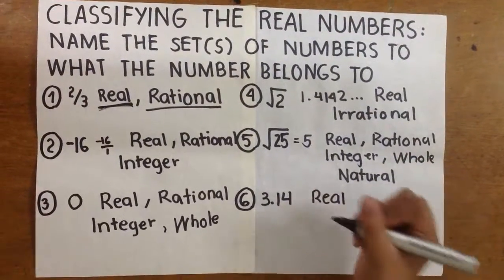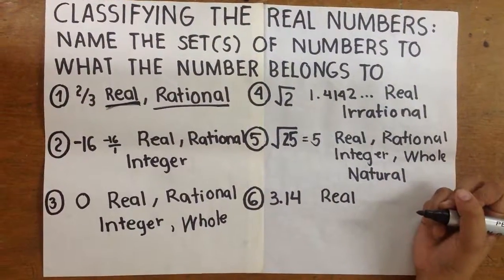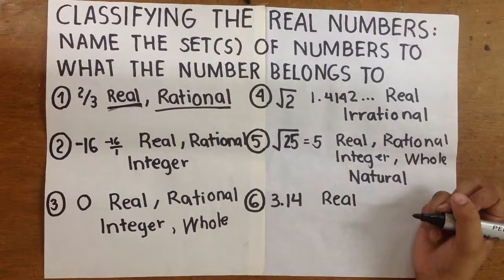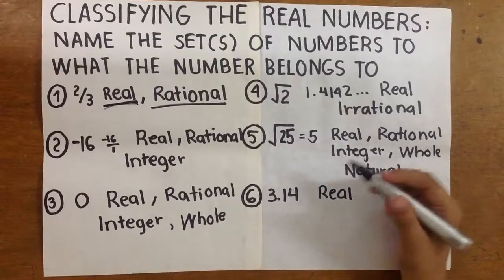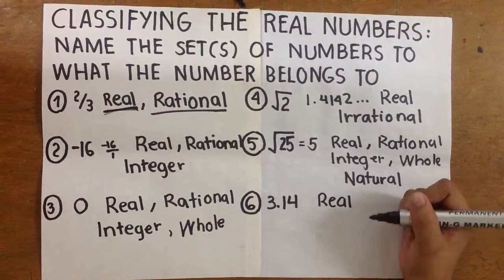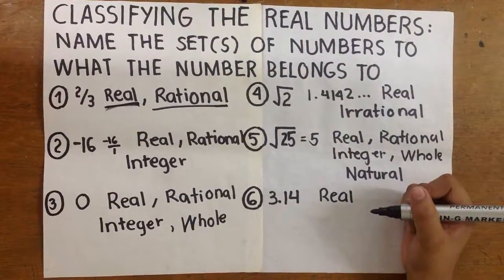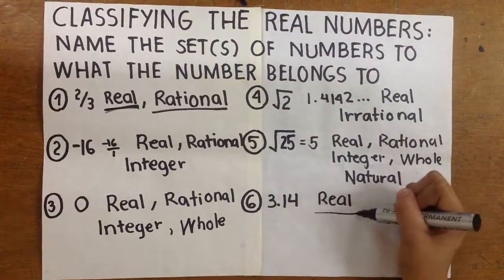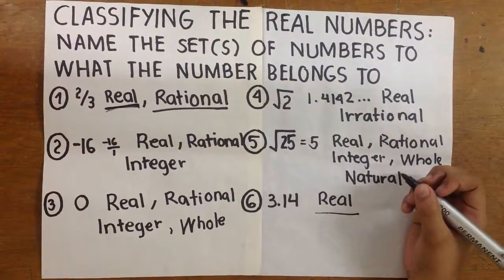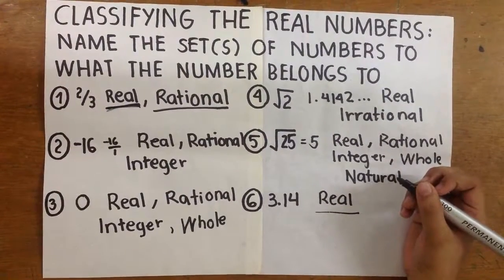Now, the last one is 3.14. Well, everybody will say that it's pi. I know that because that's what we normally use to represent pi. But this is not pi. This is pi rounded. But 3.14 is just a number, so it is real. We can put it into a fraction, 3 and 14 over 100.